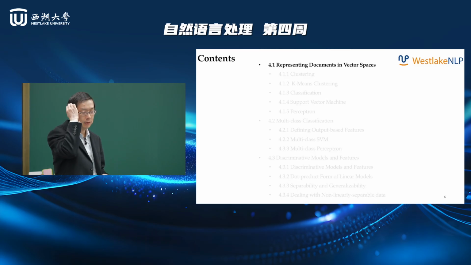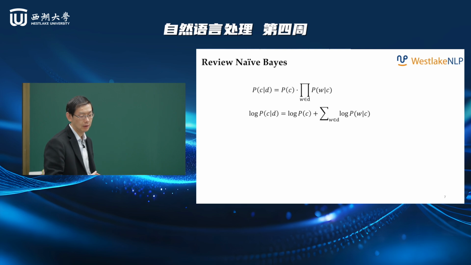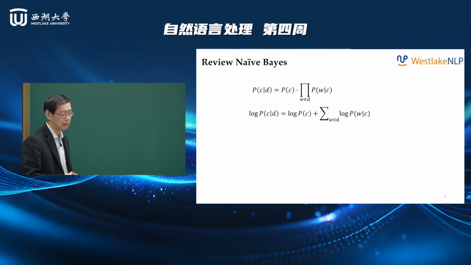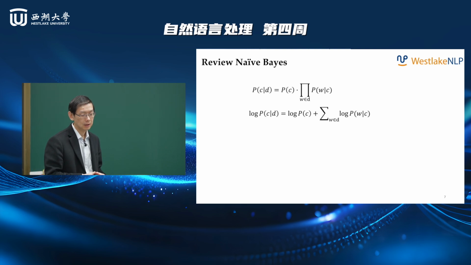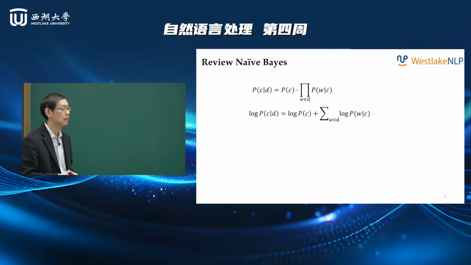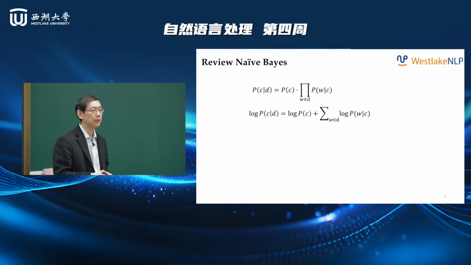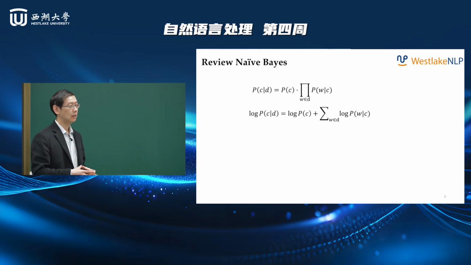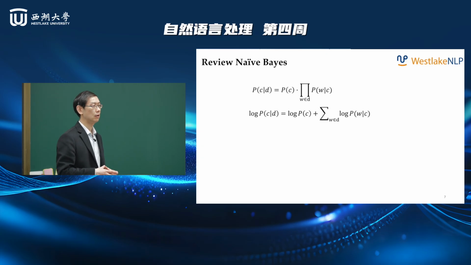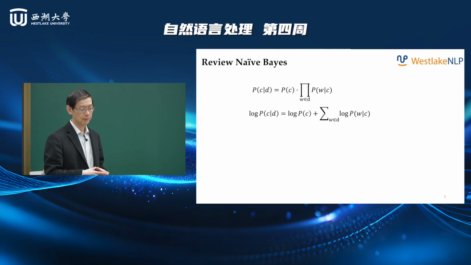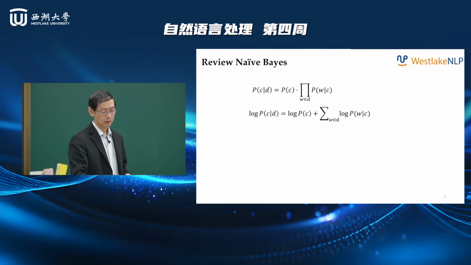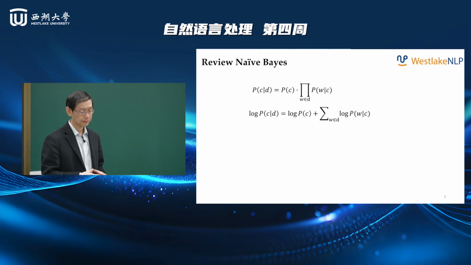So the first part, let's look at representation. To this end, let's first review the naive Bayes classifier. We built this classifier last week, which makes use of 2 types of parameters.